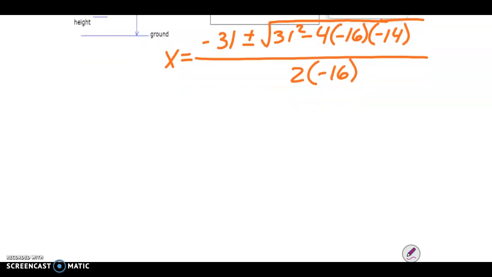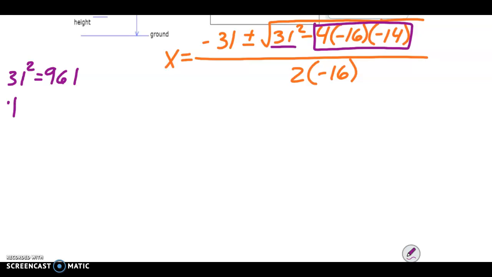So the first thing I'm going to do, 31 squared, 31 times 31 is 961. And then 4 times negative 16 times negative 14 is going to give me 896.